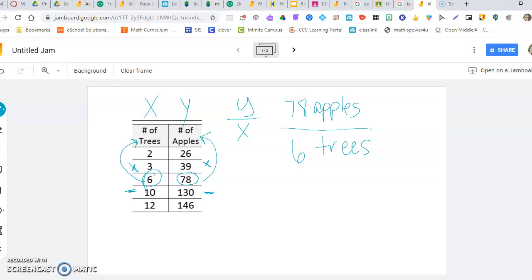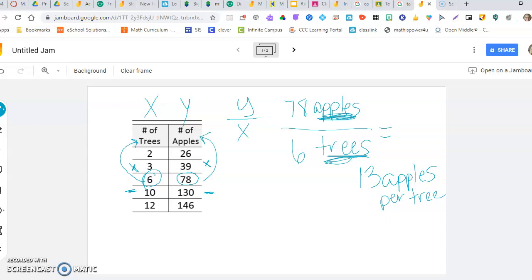When I take 78 divided by 6, I get 13. Then to label it, whatever your y label is, that's what goes first. So apples per, P-E-R, and then whatever your x label is, per tree. So 13 apples per tree.